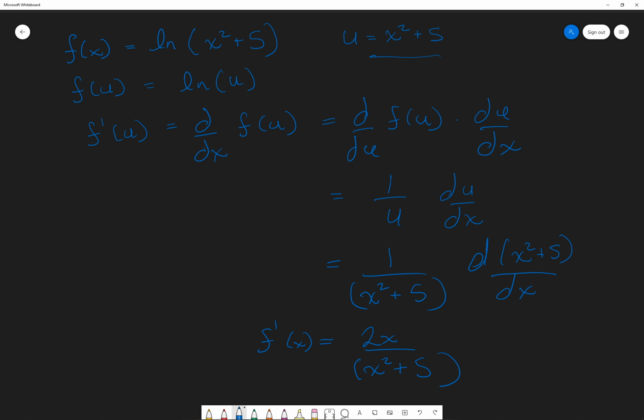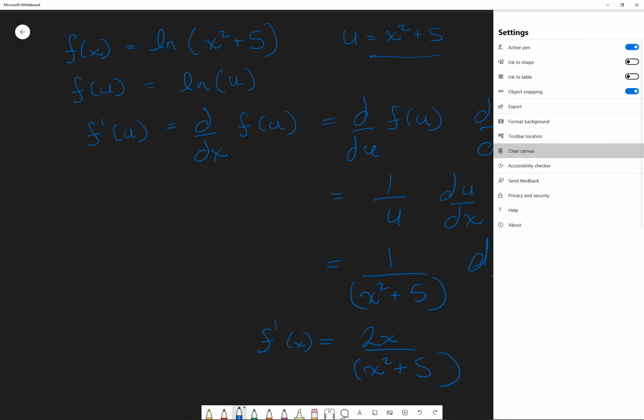Another thing that I wanted to show you. Let's clear the canvas. All right, so there's an integral that we're going to see quite often in this course, and that is basically that you have a numerator that is approximately the derivative of the denominator, divided by the denominator.